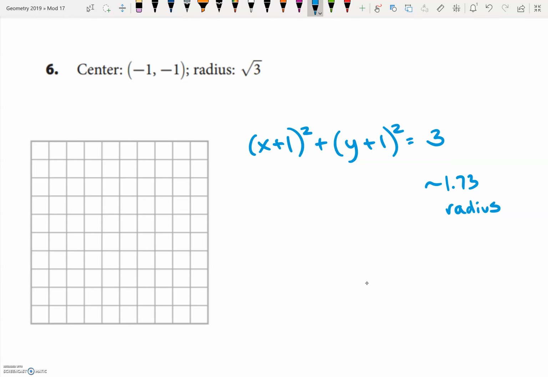So we are going to the left 1 and down 1. So we'll go something like this and something like this. And our center is going to be here at -1, -1. Radius of 1.73. So that's almost 2. So we'll go here, here, here, and here. And then we'll go ahead and make our circle.